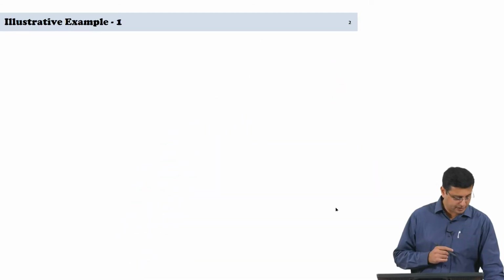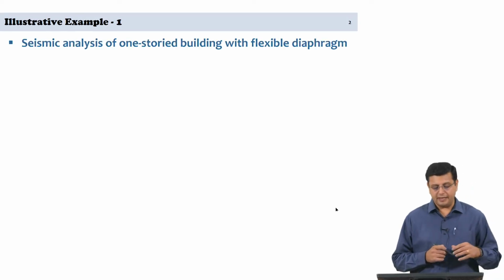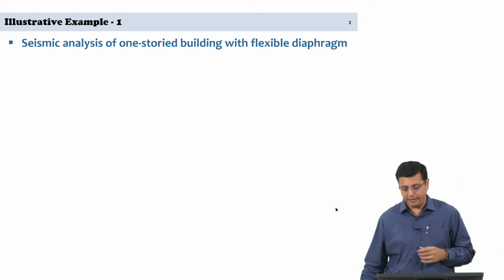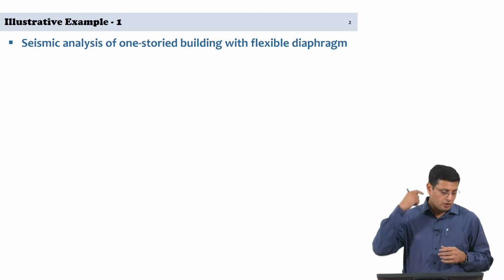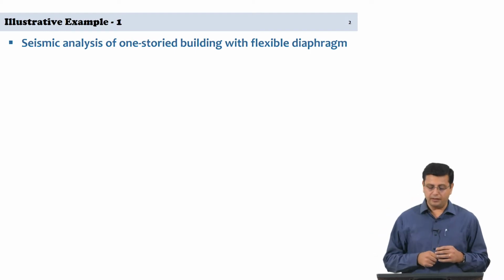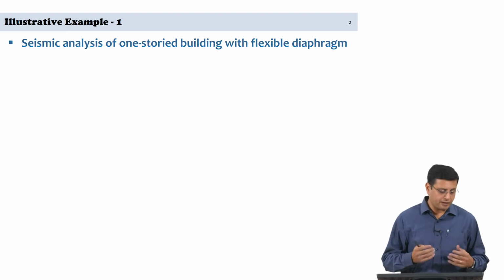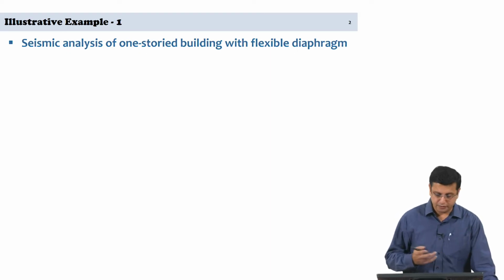So, the first illustrative example deals with the seismic analysis of a single storied building, and this building is provided with a flexible diaphragm. So, we are looking at a structure probably with a timber diaphragm, or a metal plus timber composite could also be classified as a flexible diaphragm.